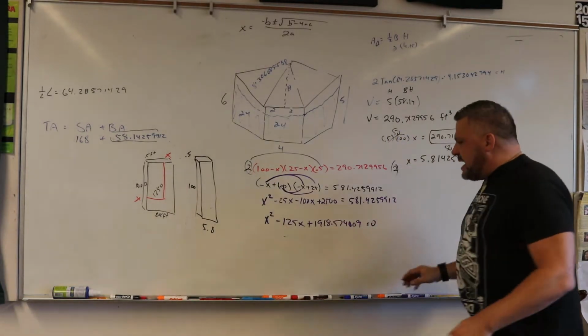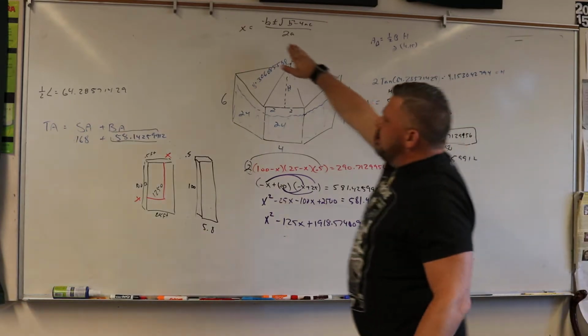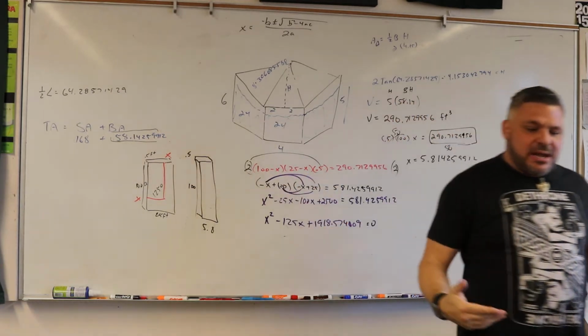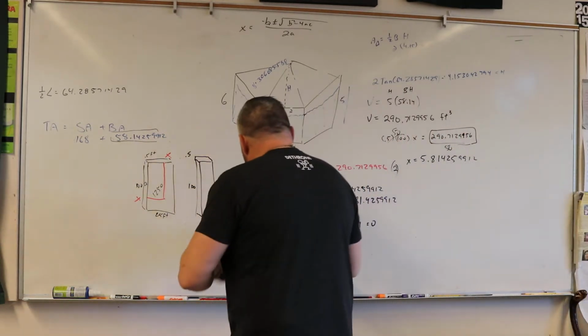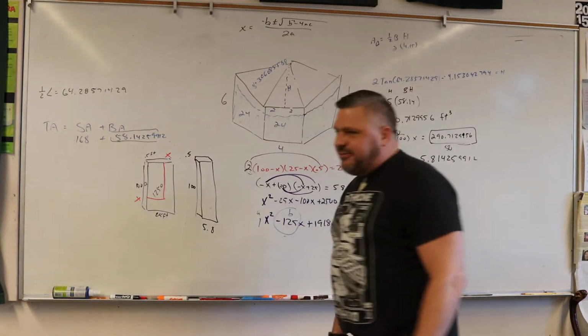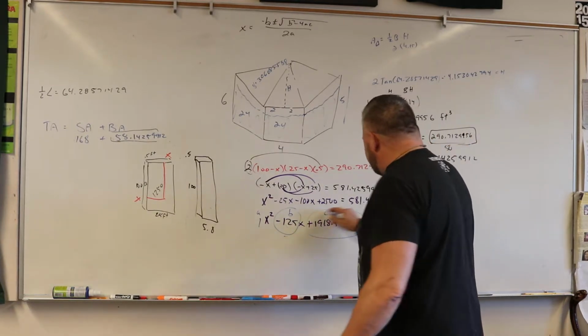So what we're going to do now is plug it right back into negative b plus or minus the square root of b squared minus 4ac all over 2a. And so we have to know what's a, what's b. Remember, there's a 1 here, that's a. B is the negative 125. And c is the positive.